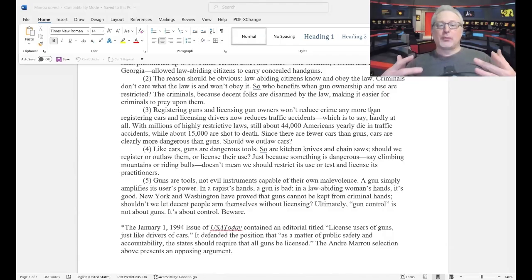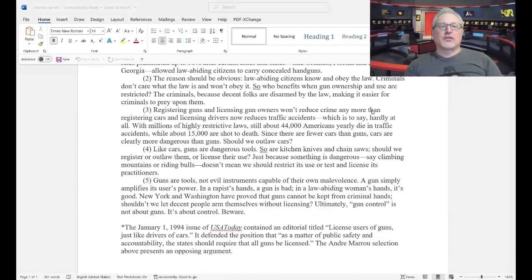Well, if the previous editorial argued that the states should require that all guns be licensed, and this presents an opposing argument, what is it then arguing for? Anybody?